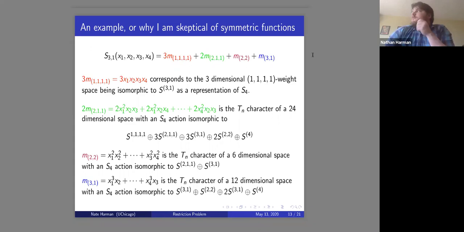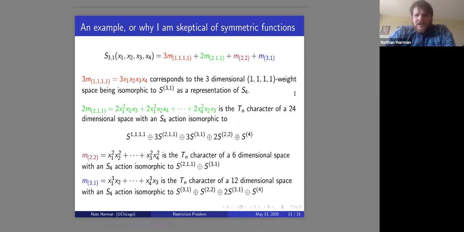But under this correspondence, these monomial symmetric functions are actually the characters of some subspaces that are preserved by Sn, right? What I wanted to demonstrate in this slide, it shouldn't be obvious how I did these calculations. I spent an hour yesterday doing it.